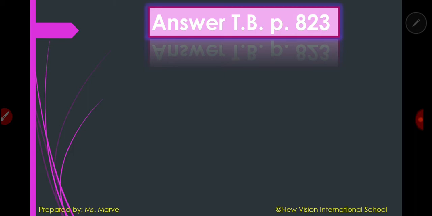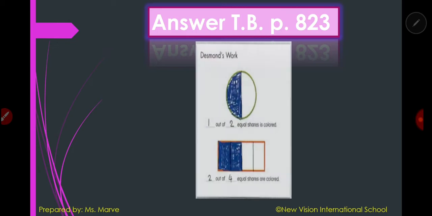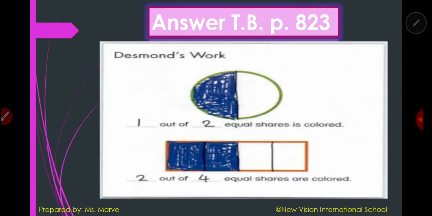Let's try to analyze the work of this student. You can see 1 out of 2 equal shares is colored in the circle, and 2 out of 4 equal shares are colored in the rectangle. Okay?